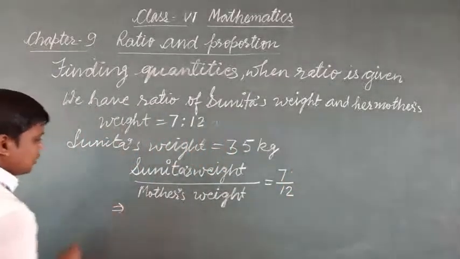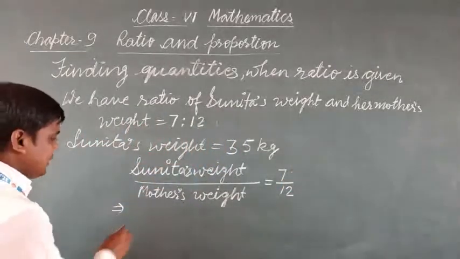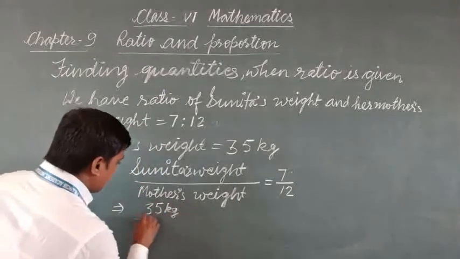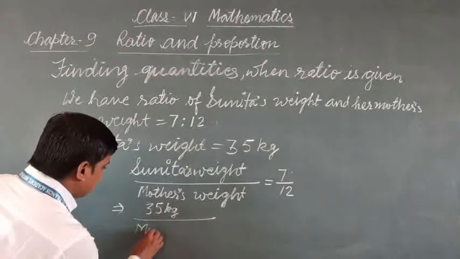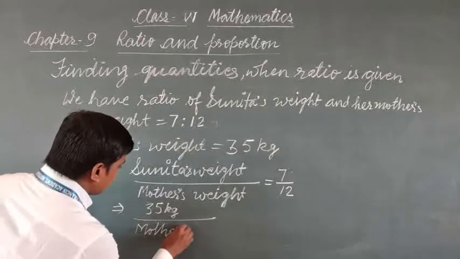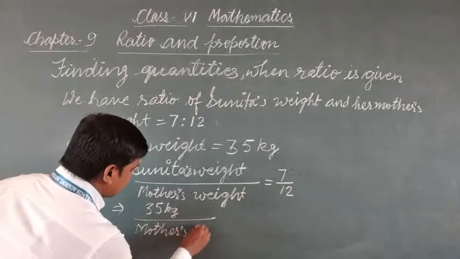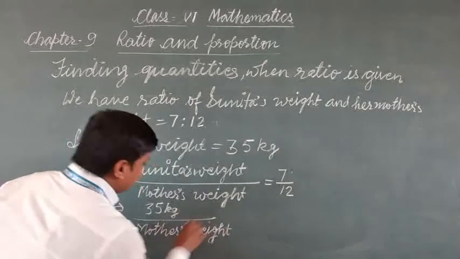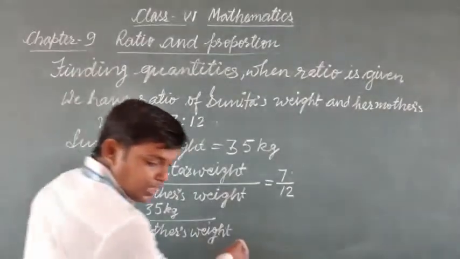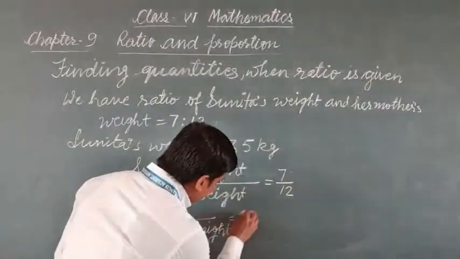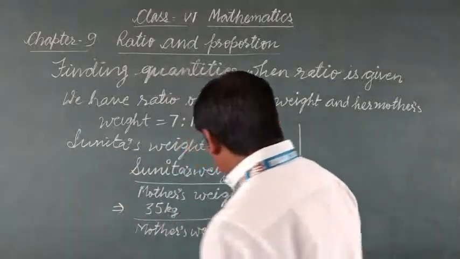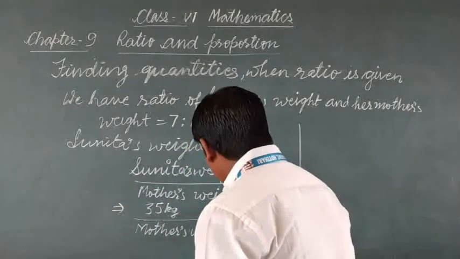From here, we have Sunita's weight 35 kg and the mother's weight we have to calculate, equal to 7/12. Now you will do cross multiplication.